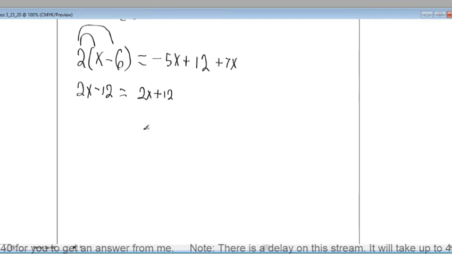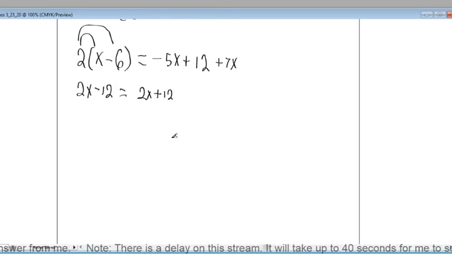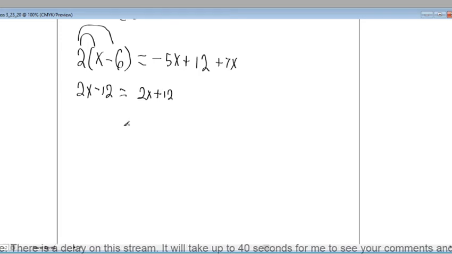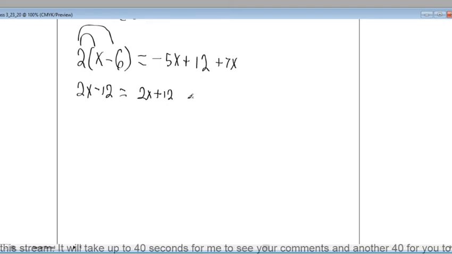That doesn't make any sense. We can't have subtracting 12 be the same thing as adding 12. This can't possibly be true. It does not make any kind of sense at all. So this is our kind of a clue that something weird is going on here. This is our third type of equation.